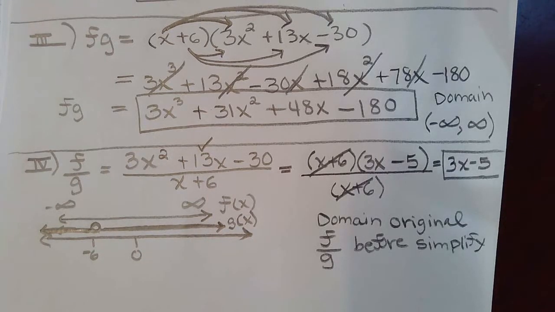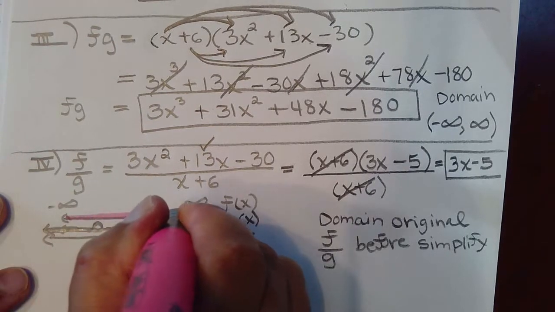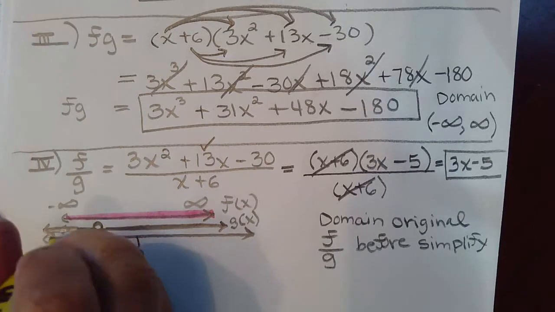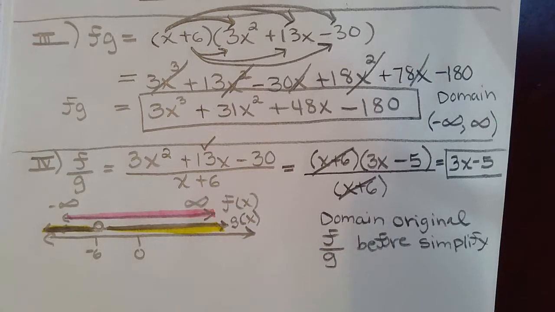So when you look at these pictures and you look to see where they overlap, we have all of this for the domain of the f function, and we have only the numbers to the left and to the right of negative 6 for the g function.